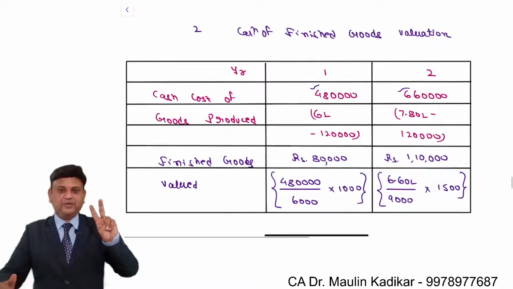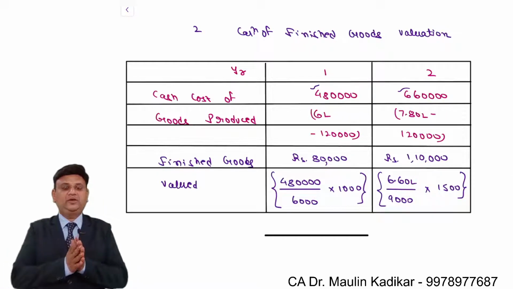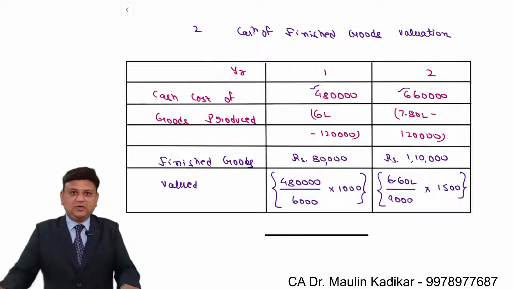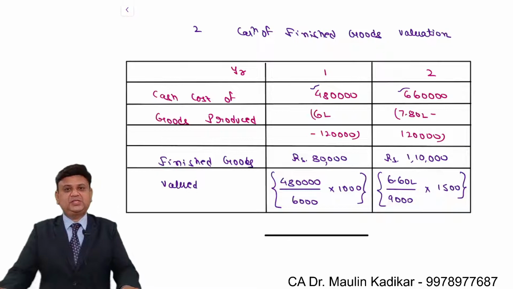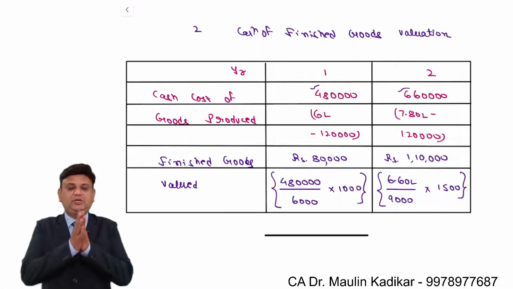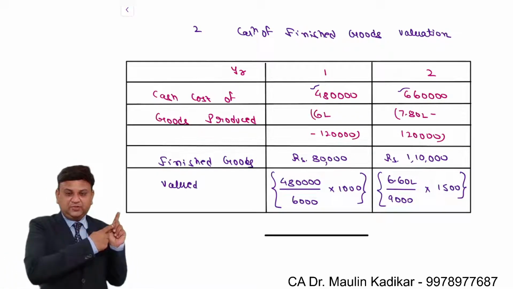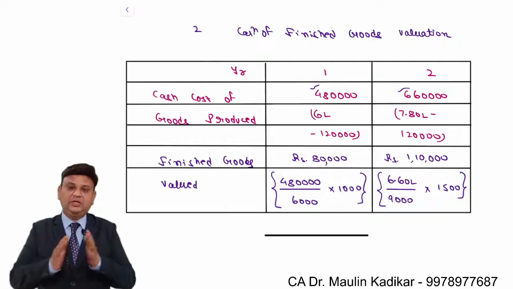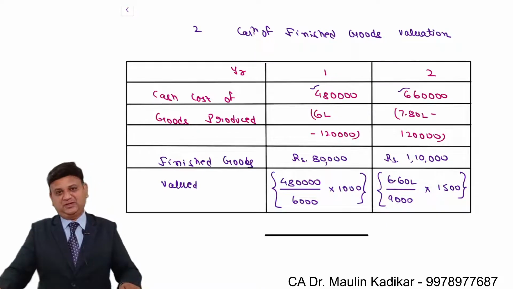Step number 2, finished goods valuation. Whatever the normal valuation that we have, in that we include depreciation. But since depreciation is a non-cash item, it is excluded over here. For closing finished goods valuation, that is the number of units that we have produced but not sold at the end of the year.